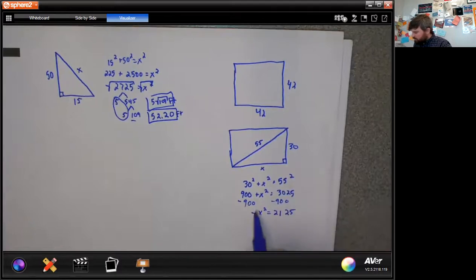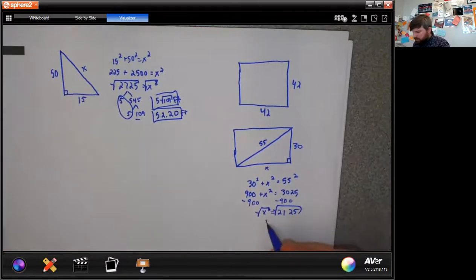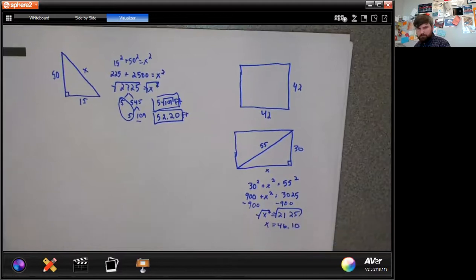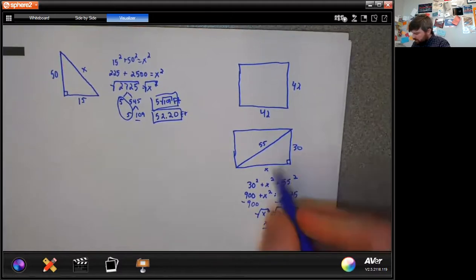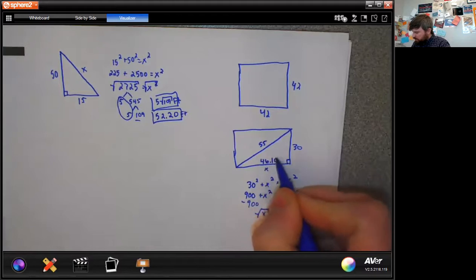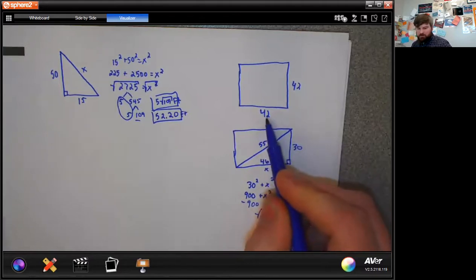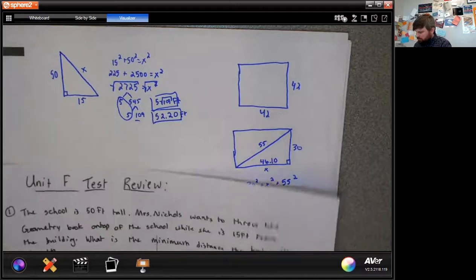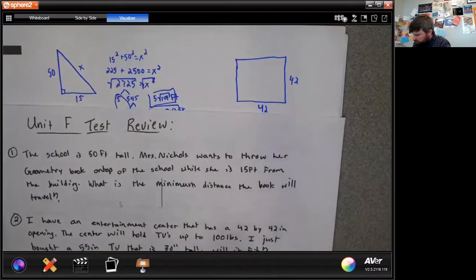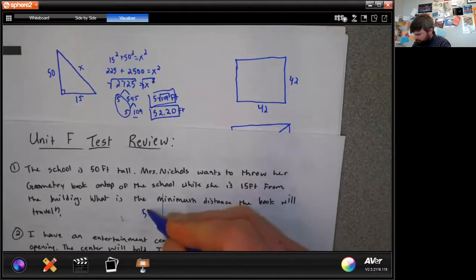Then we square root that. X is about 46.10. So this length here is 46.10, which is greater than the 42, so it will not fit. So no, it's 46 inches wide. And this one was 52.20 feet.